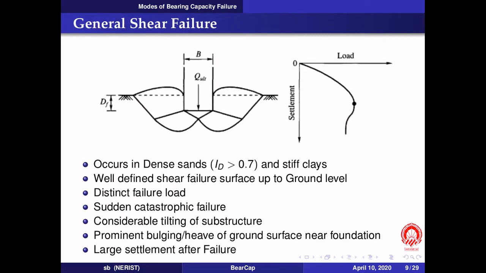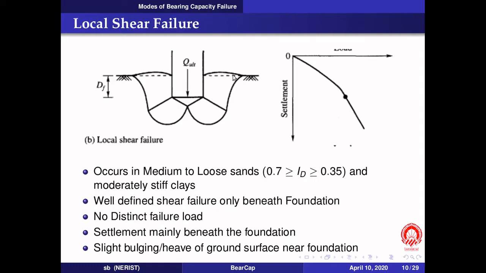You can see it here, this width is more than in this case. Soil close to the foundation is only affected by bulging, and the amount of bulging is less in case of local shear failure than in case of general shear failure.